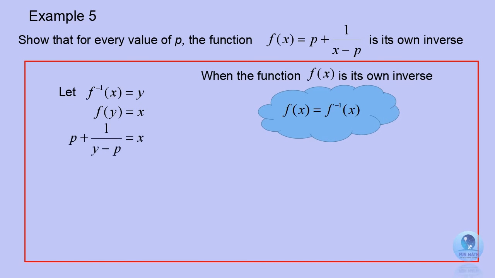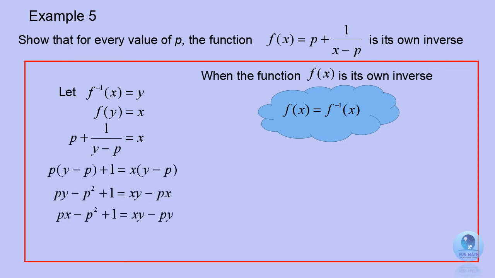(p plus 1) divided by (y minus p) equals x. Expand this equation. And remember, your aim is to find y. So, arrange this equation so that y will be on one side. px minus p squared plus 1 equals xy minus py. Look at the function f of x. We have the denominator x minus p.